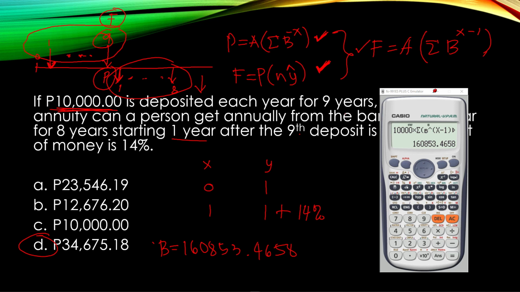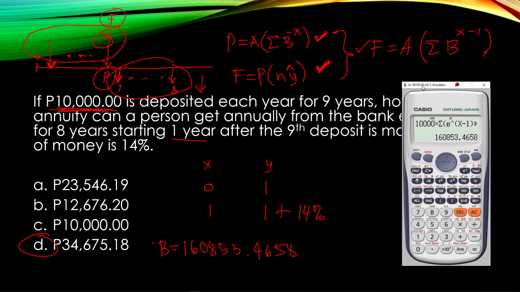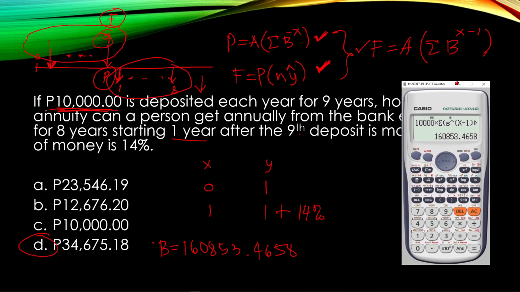Okay, and that would be all for this video, no? In the next video, tuturuan ko naman kayo na what if yung payment na ginawa niya is hindi na equal, no? Ito kasi, kapag annuity, equal yung payments niya. Pero kapag hindi na equal, mangyayari, hindi na yan annuity. No, that is gradient.